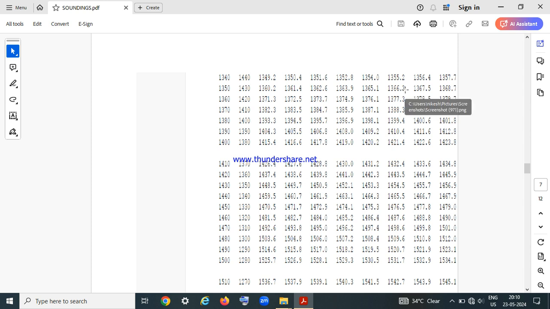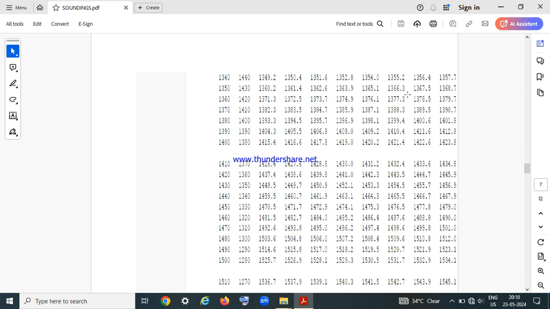But suppose you don't have another table either, then you must know the formula: metric ton equals meter cube into the density of the fuel. The density of the fuel you will find from the BDN, bunker delivery note, and the meter cube you will find here.